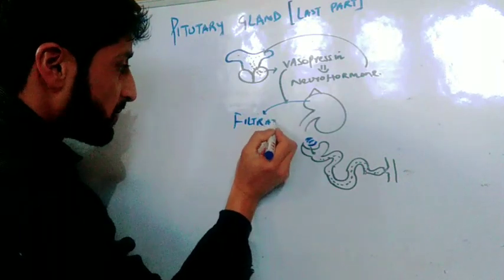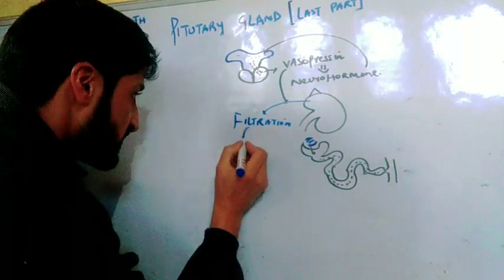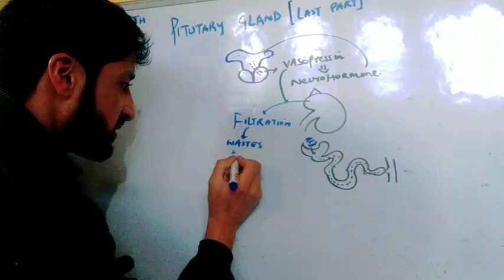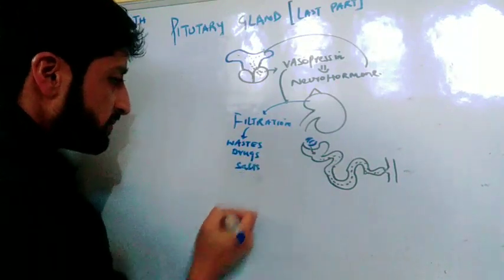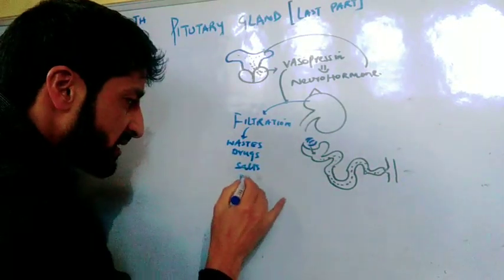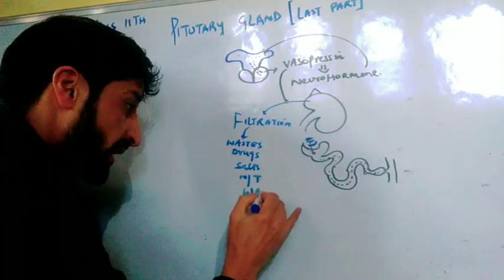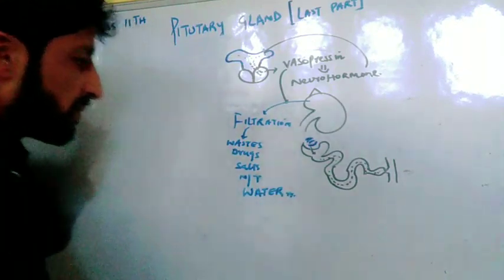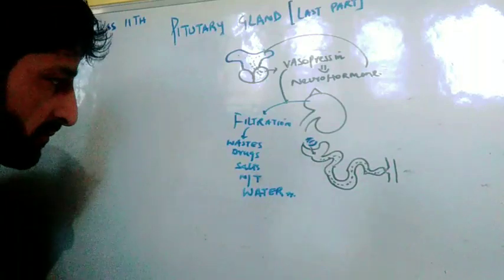Okay, now from this blood, what happens is that the wastes, the drugs, the salts, neurotransmitters, as well as water is actually filtered from the blood.